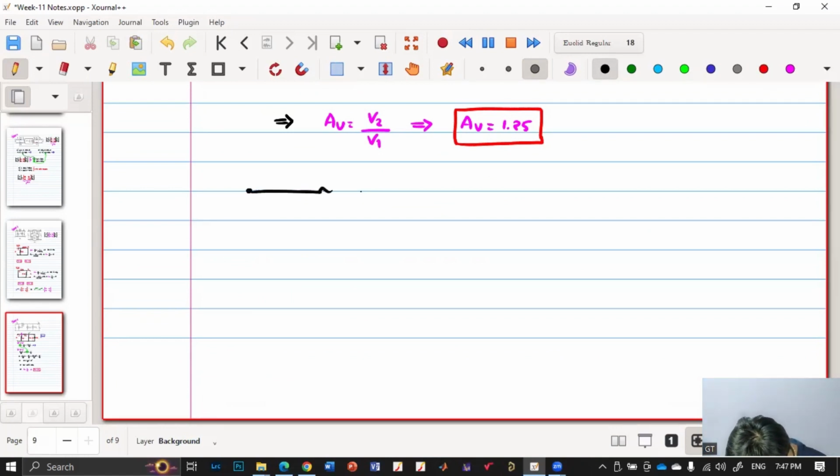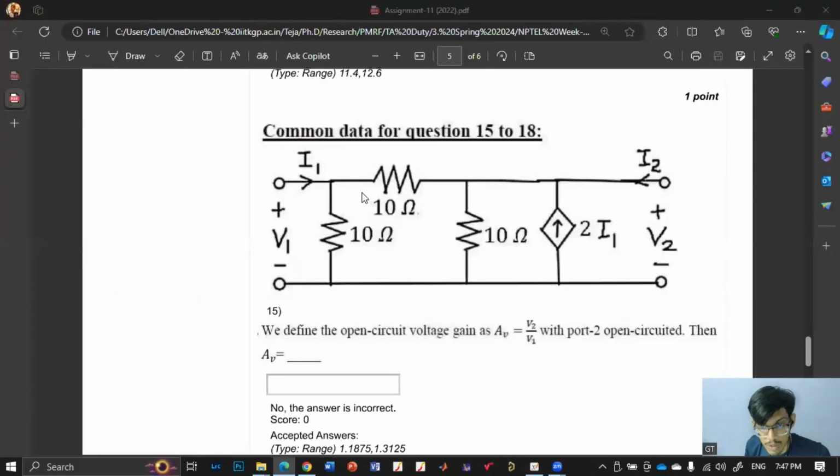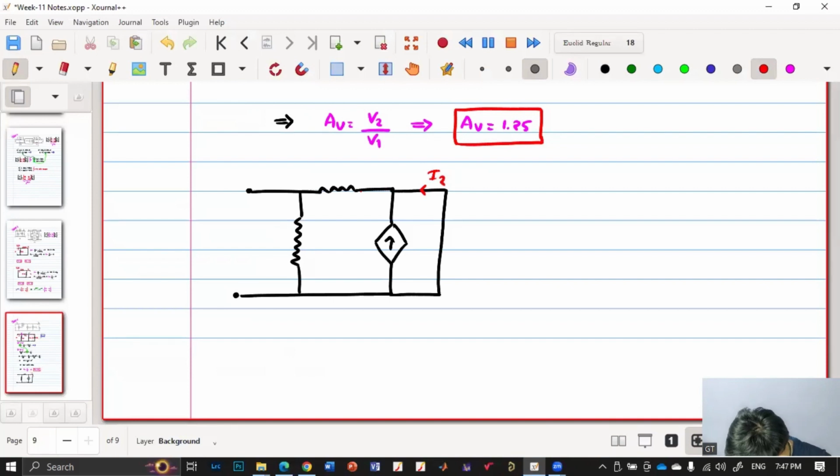We'll have this 10 ohm, this 2I1, and here we have 10 ohm and one short circuit path, and this is the I2 direction. This is our I2, our 2I1, our 10 ohms, plus minus V1, and this is I1.